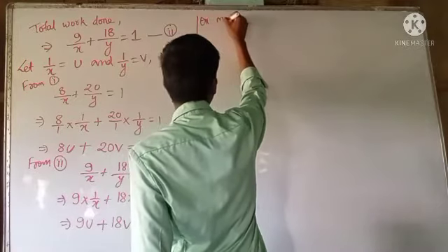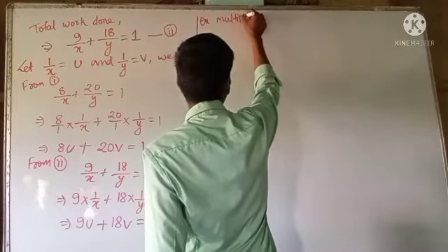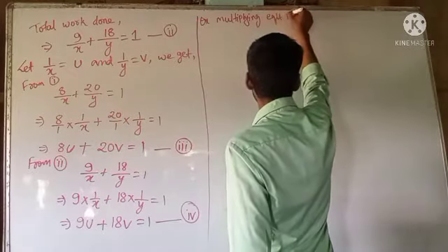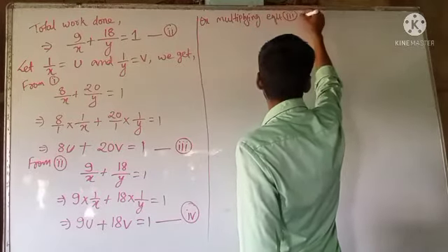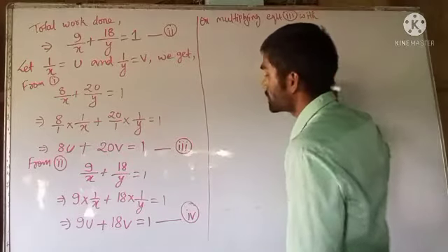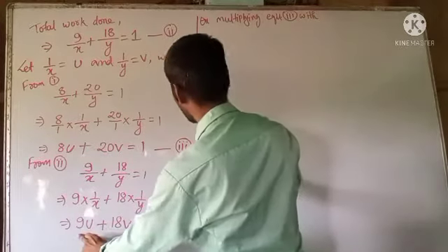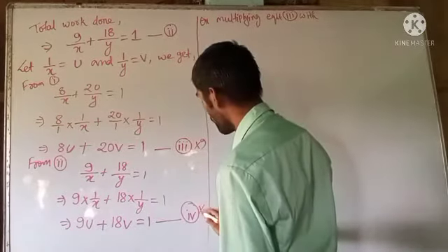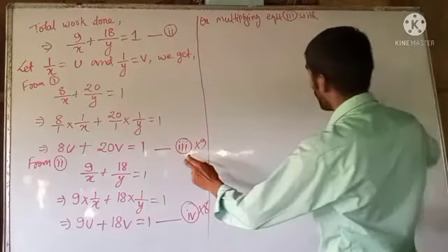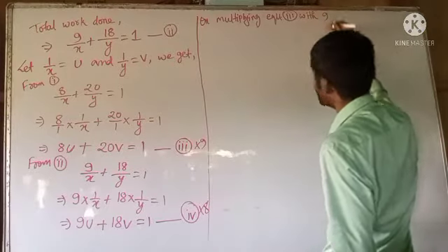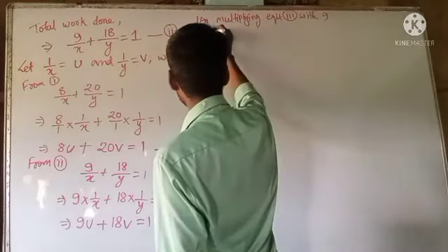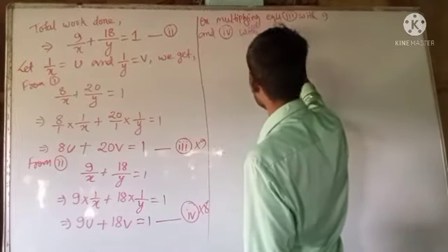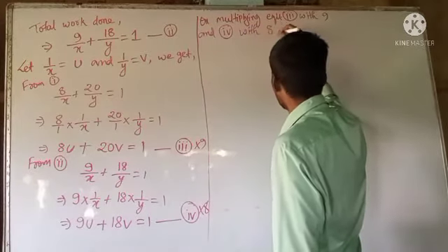So on multiplying, equation 3 we will multiply with 9, and equation 4 we will multiply with 8.